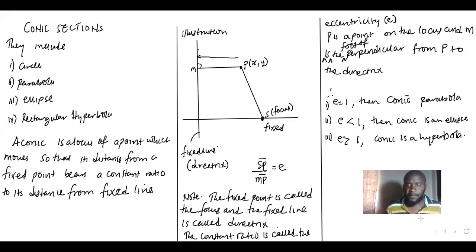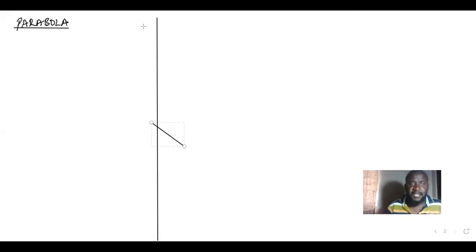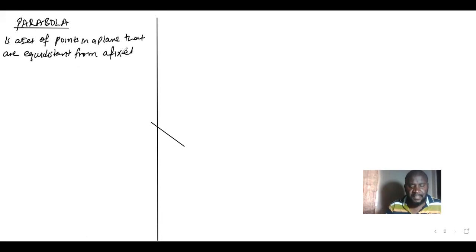Thank you. You're welcome. So by definition, we can say a parabola is a set of points in a plane that are equidistant from a fixed point.